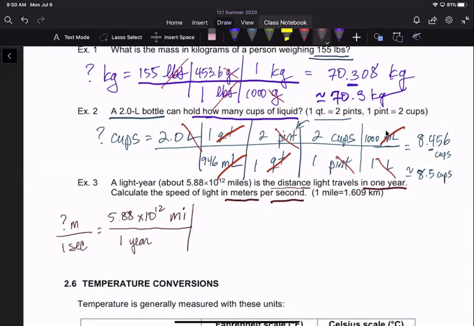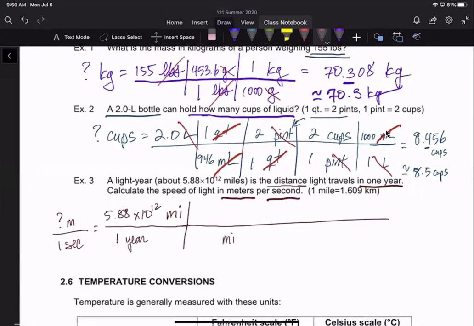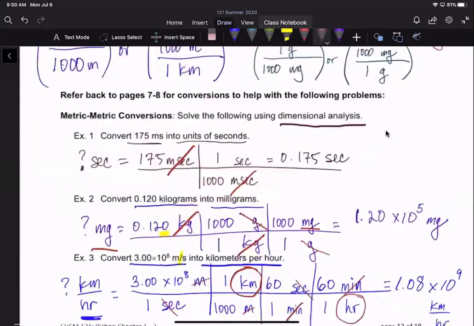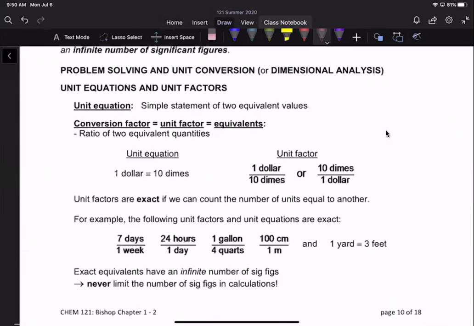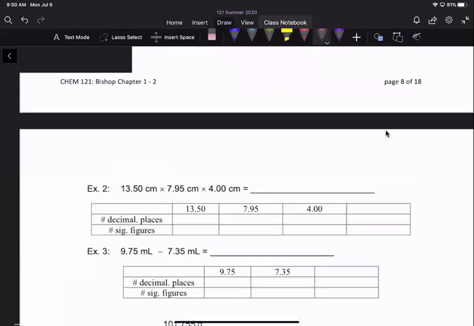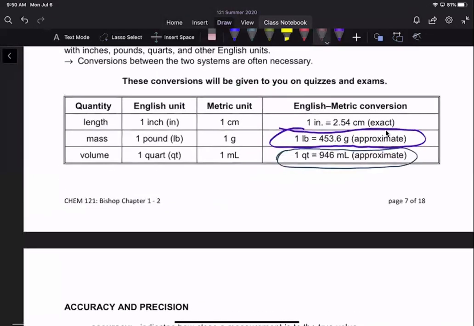So again, we have two conversions to do. One on the numerator and one on the bottom. And each one may be a series of relationships. So let's get rid of miles down here. And we need to go to something that's closer to meters. So let's see what we've got in our table. Well, inches doesn't really help us.